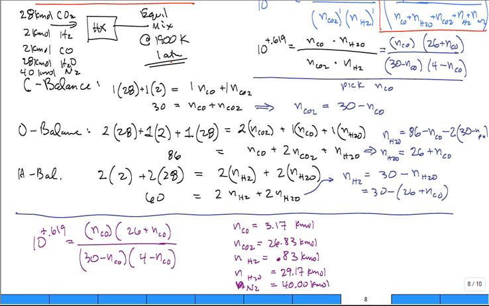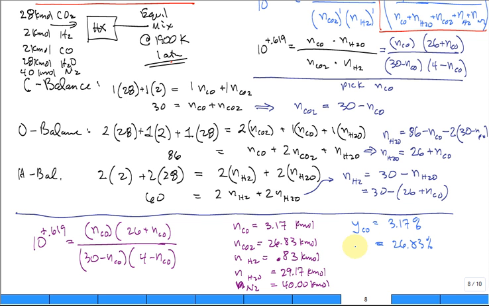And if you wanted to, that would be acceptable, just leave it in the total amounts. But if you wanted to calculate the mole fraction of CO, you just sum up all of these. You find out that the sum is 100 kilomoles. Again, good to 4 digits. And so then this just becomes 3.17%. This becomes 26.83%, etc. Because it's 100 kilomoles total number of gas.